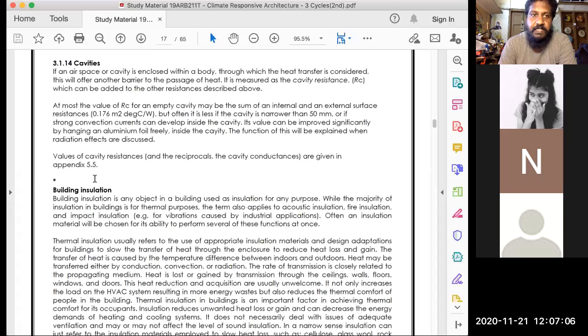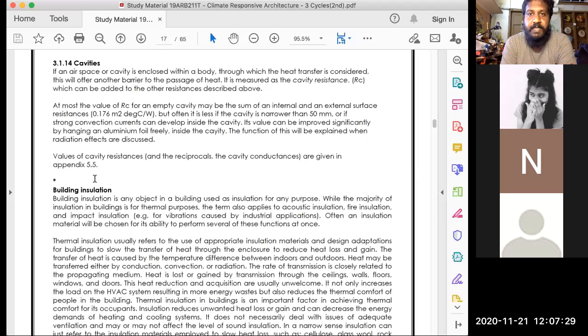We'll look into it. So a cavity is nothing but an air space between 2 bodies. So cavity blocks, cavity walls, you would have heard of. One easy example you can relate to is a rat trap bond, which we would have studied in your 2nd semester. They speak about a cavity between 2 surfaces.